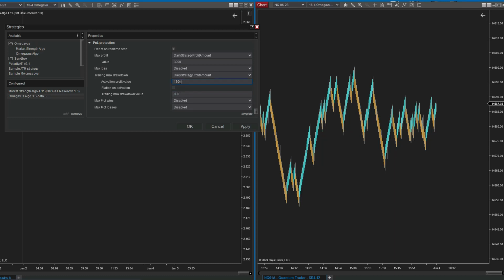However, if it hits 1,300, it keeps climbing 2,000, 2,500, 2,600, whatever, 2,800, and all of a sudden the market starts coming back down, down, down. From the 2,800, if you give back the $800 of drawdown, it will close the trade and you walk away with 2 grand. Does that make sense?